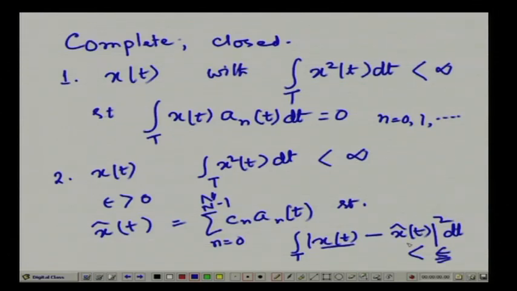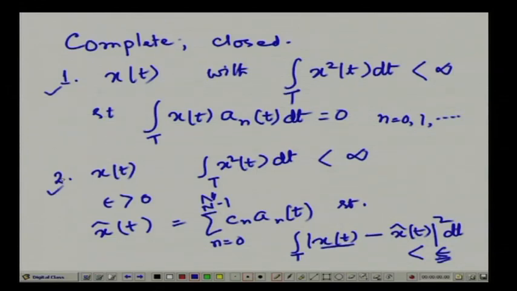It must be less than or equal to epsilon, where epsilon is a very small positive value. So, we say that the set of orthogonal basis functions a_n(t) is complete or closed if at least one of these conditions hold, that is the first condition or the second condition.